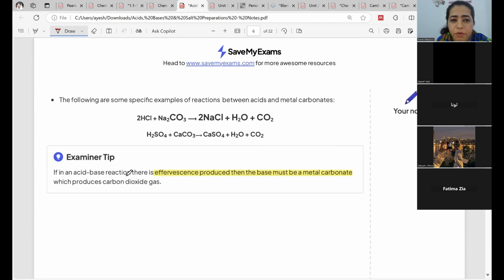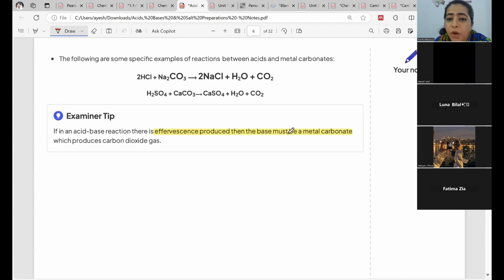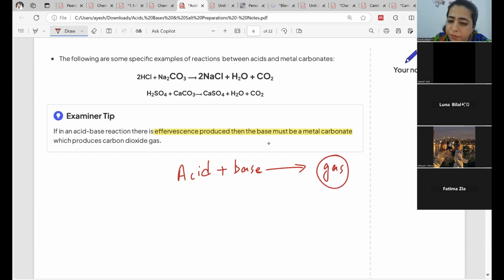So these are the symbol equations when acid reacts with metal carbonate, producing salt, water, carbon dioxide. Write the equation, balance it on both sides, and it will be done. Sometimes in the exam, they can ask you that there was an acid reacting with a base, it produced some product, but there was effervescence or gas produced.